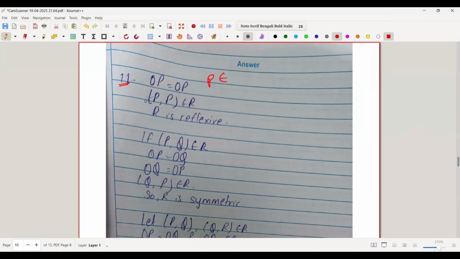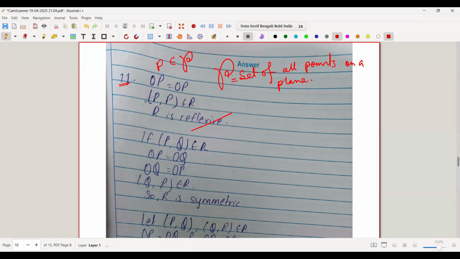Let's write it as the set of all points on a plane. Again we will name it script P. So P is coming from script P.